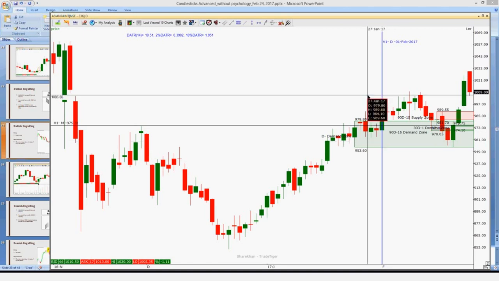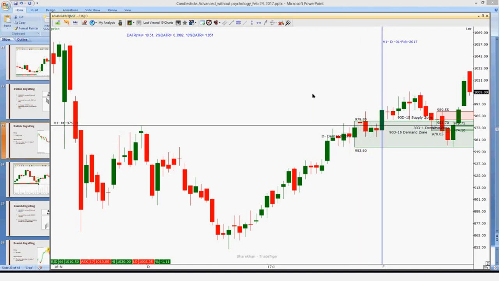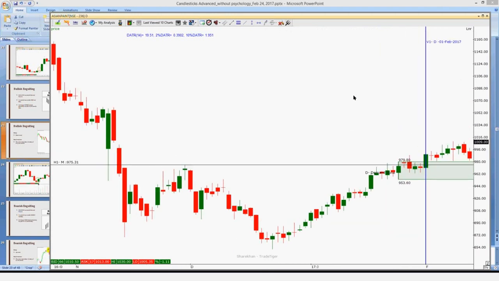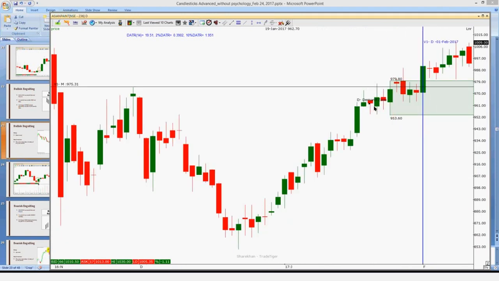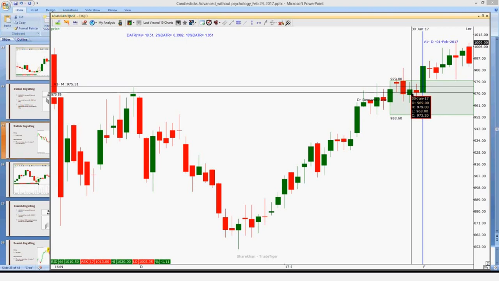Okay. Now, is it a quality zone as such? Is it a quality zone? 1, 2, 3, 4, 5, 6, 7, 8, 9 base candles. And the layout is also not that strong. It is not having the body above the range of the base completely.